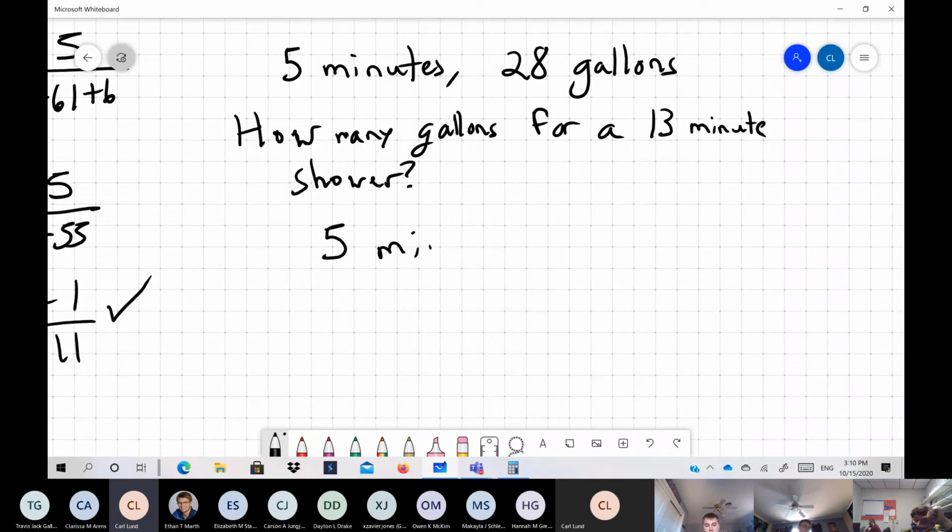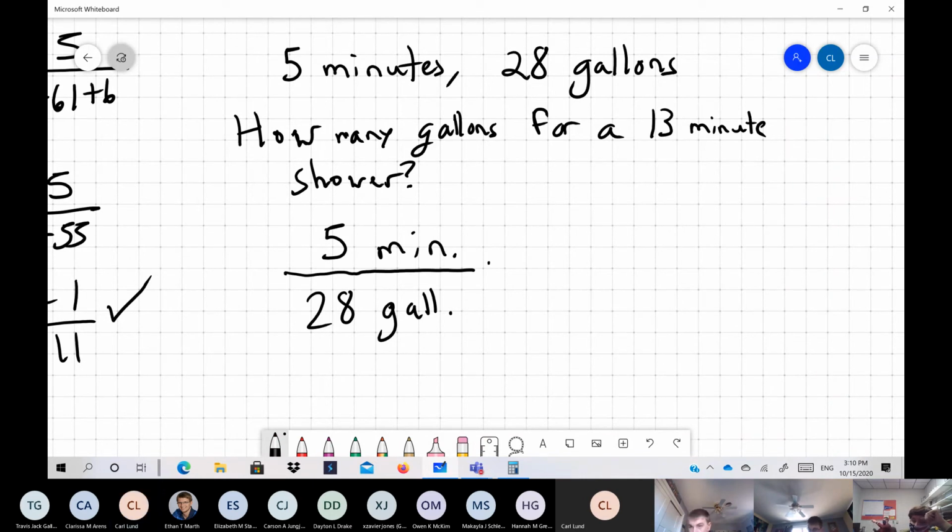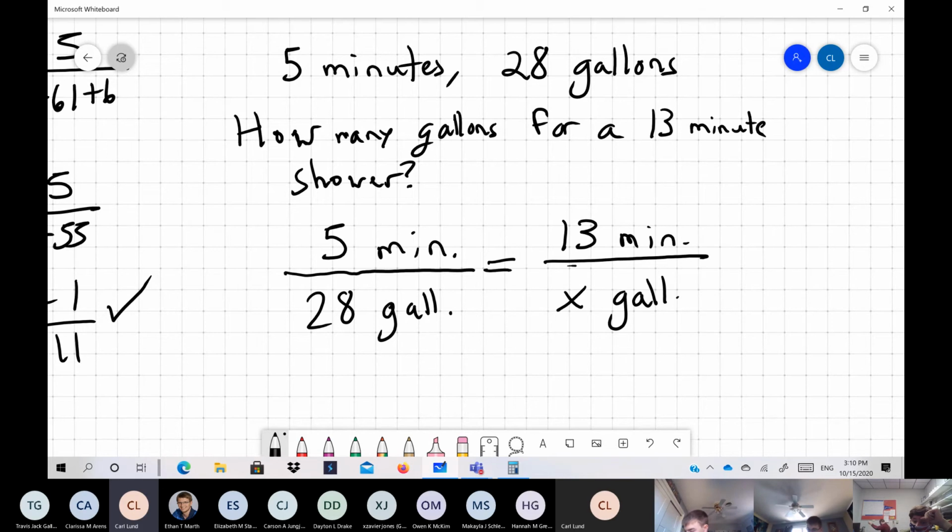A 5, the problem tells us, I'm going to put the labels in here. You don't have to, but I'm going to. A 5-minute shower uses 28 gallons of water. If we take a 13-minute shower, we want to know how many gallons of water we are going to use.